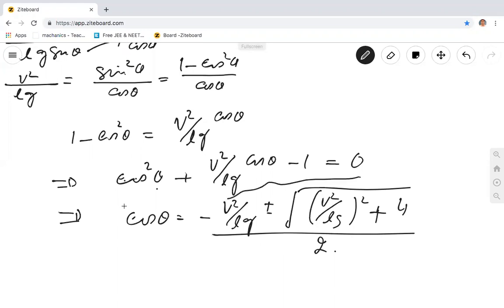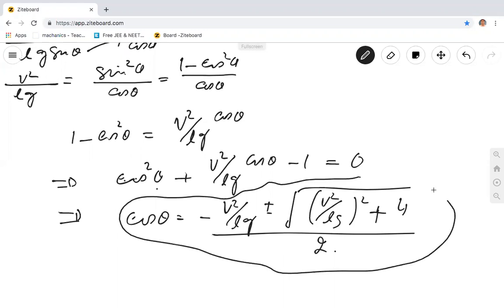You find cos theta, then you can find theta. But delete this negative sign. Take a positive sign of this, because the negative will make theta more than 90, which is not possible because it is oscillating like this. Theta cannot be more than 90.